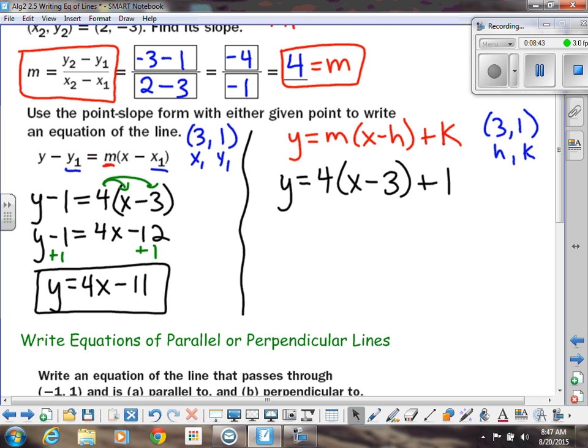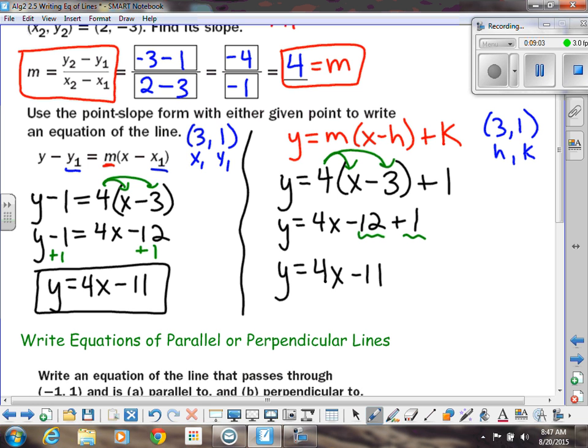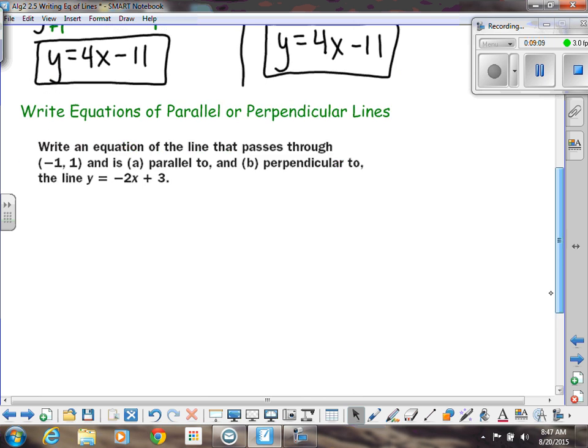Now we distribute. So if I distribute, I get y equals 4x minus 12, and then I bring down the plus 1, and then make sure to combine those like terms. And that's going to give me y equals 4x minus 11, and we get the same thing. So either one, HK form or point slope form, you can use to write those equations of lines.